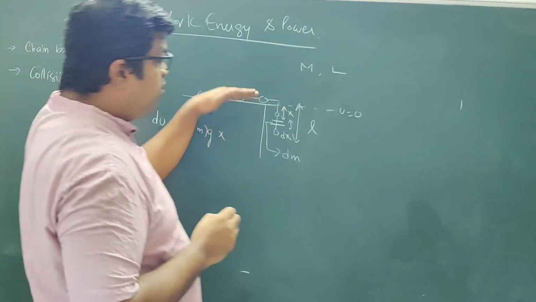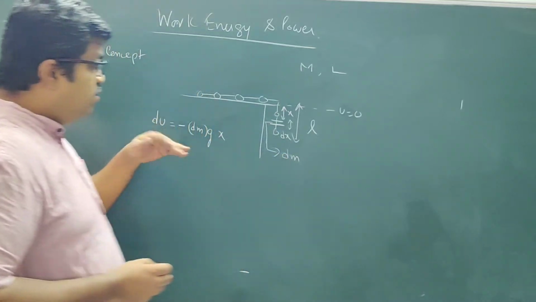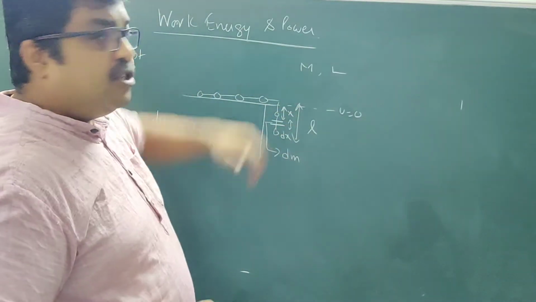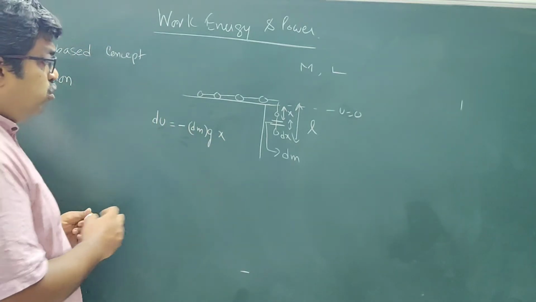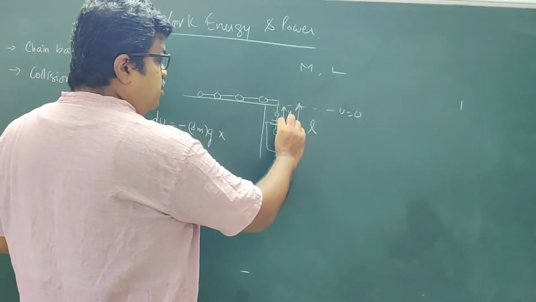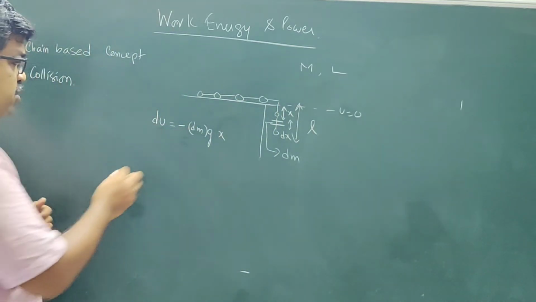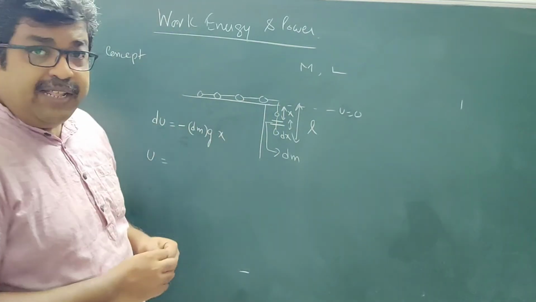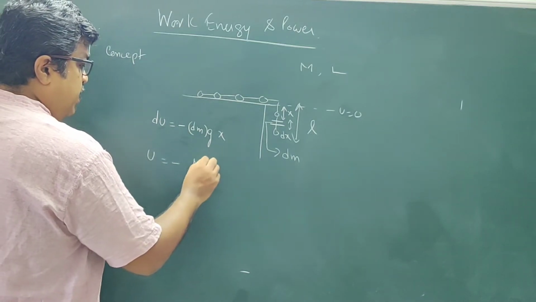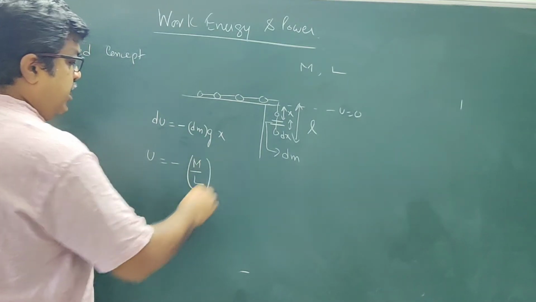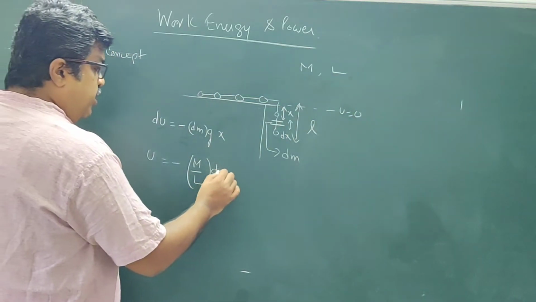Why the minus sign? Because this is the reference level with zero potential energy, so below that the potential energy will be negative, and above it the potential energy will be positive. So this is the potential energy of this segment. The potential energy of the entire hanging segment will be U is equal to minus the integral, where m by L is the mass per unit length, because m is the total mass and L is the total length, into dx.